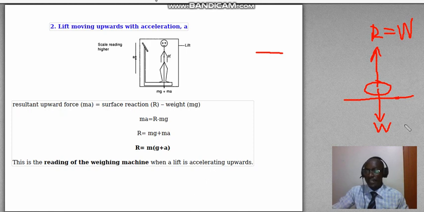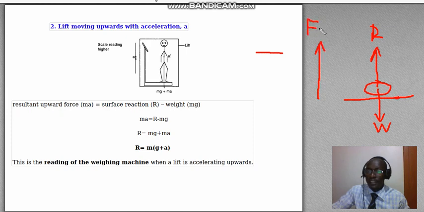So in this same situation, we have two forces, the usual ones, that is the weight and the reaction. Now again, we are saying that here there must be a net upward force. Now this net upward force here is equal to the mass of the person times the acceleration, a.